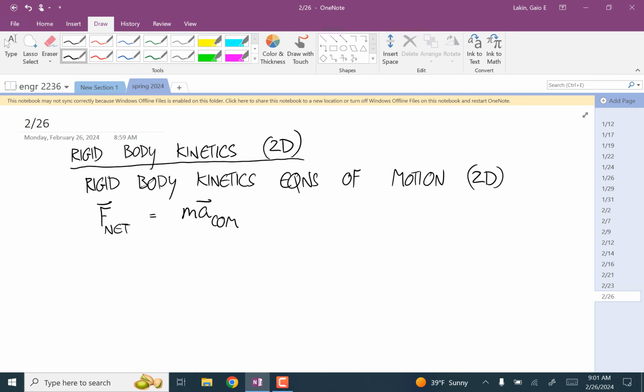Actually, now that I think about it, I even gave the number of equations that you get out of each of these for 2D and 3D, so let me try to correct that. F net is equal to mass times acceleration of the center of mass. And then we have the net moment about the about point A is equal to the mass moment of inertia about the about point times the angular acceleration.